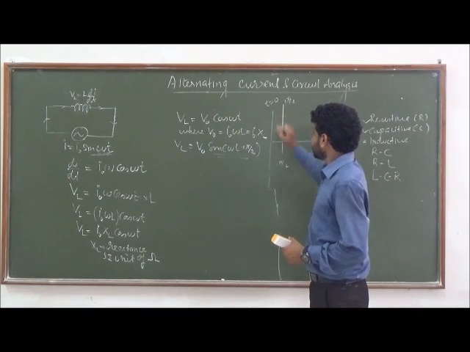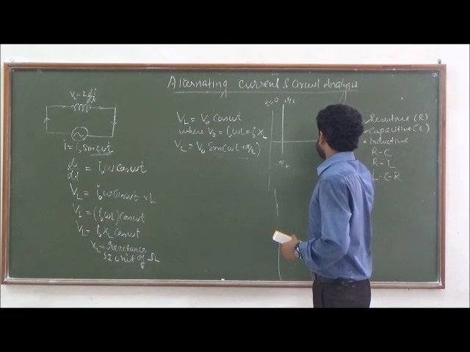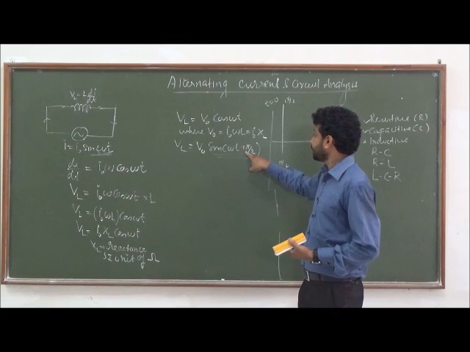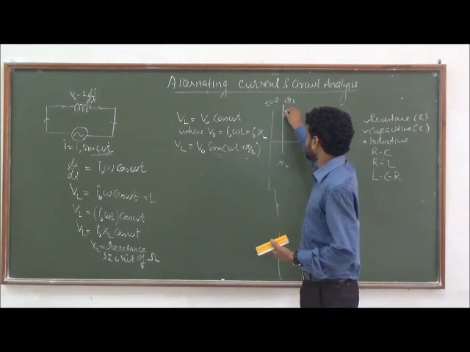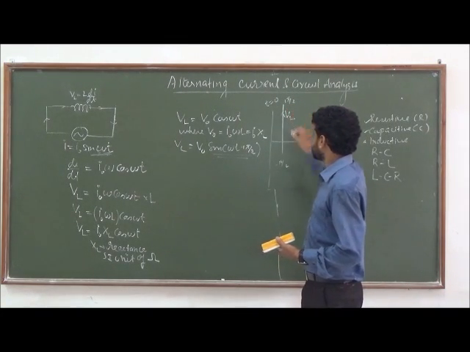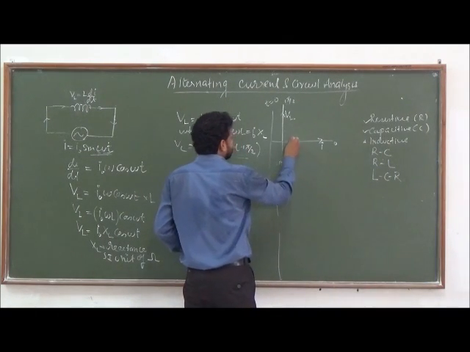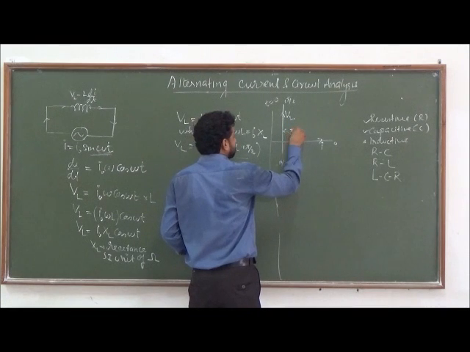So at time t equal to 0, if I put the current at a phase of 0, then my phase of VL will be at plus pi by 2. So VL goes here. You can clearly see that VL is ahead of the current by pi by 2.